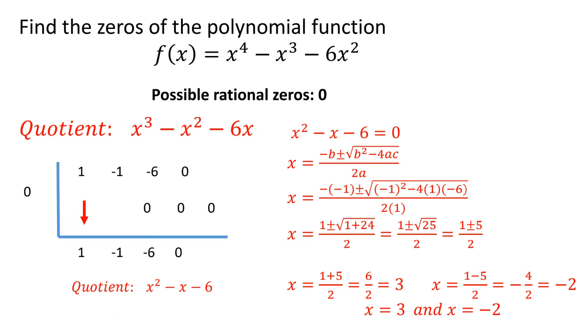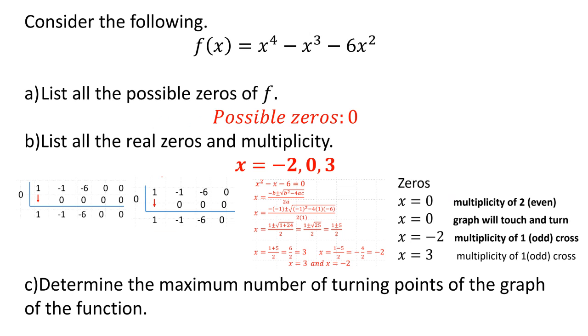So on this particular problem, our zeros have a multiplicity of 2 for x equals 0, because we have two zeros. And then we have a multiplicity of 1 for the -2 and a multiplicity of 1 for x equals 3.